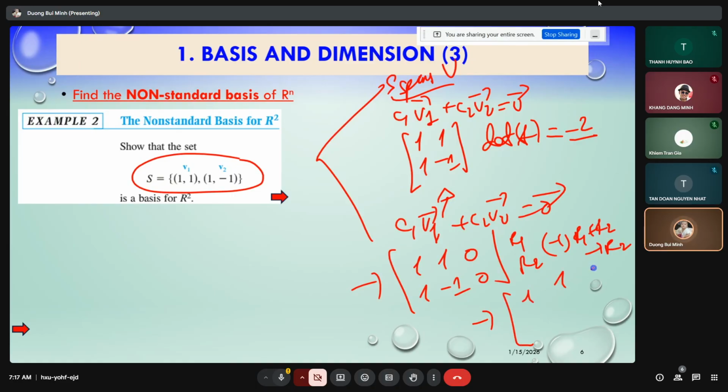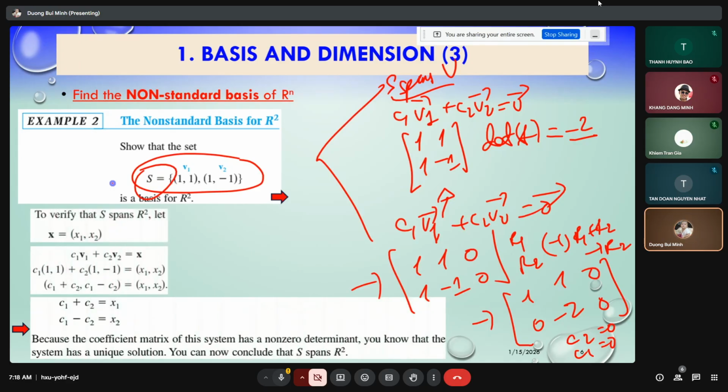So we get 1 1 0, 0 -2 0, right? That means C2 is 0 and C1 is 0. So this S is linearly independent. So we say S is a basis, and this is the demonstration. So now we say S is a basis of the vector space R2, right?